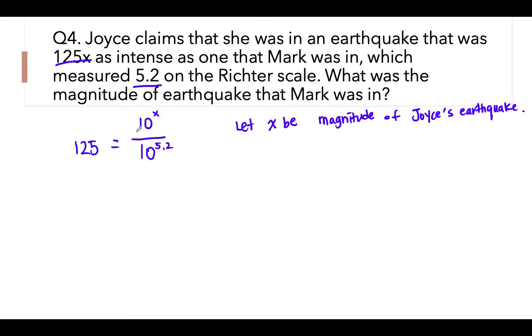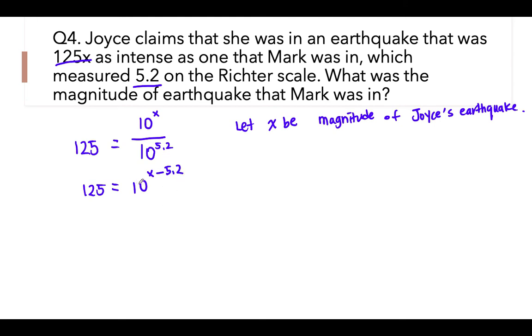The numerator represents Joyce, and you're comparing to 10 to the 5.2, which is what Mark was in. Now, after we set up the equation, we could simplify. We're given the same base, so we could put it together as 10 to the x minus 5.2, by the exponent law.